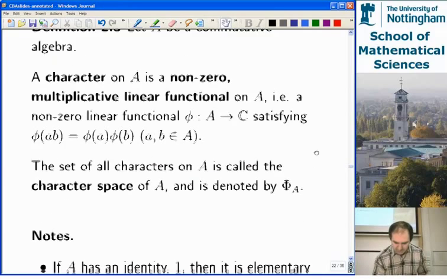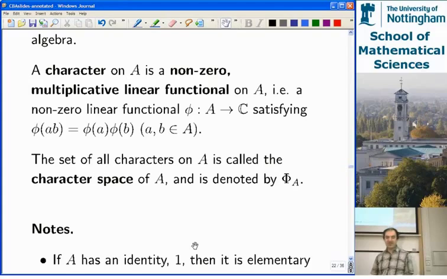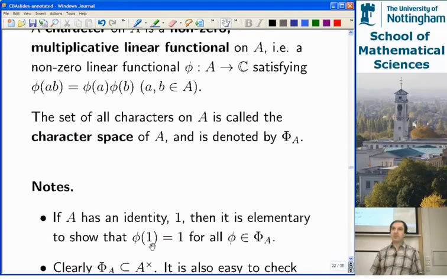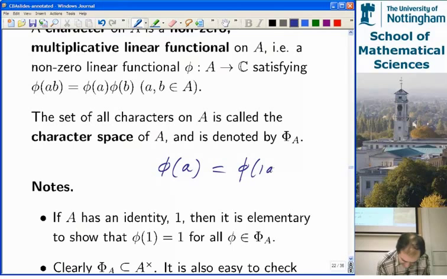And since mostly we'll be working with algebras with identity, it turns out that if you're a linear functional that's multiplicative but not the zero functional, then you can prove that phi of 1 must be 1. I won't do the whole thing here, but let me point out that phi of a is equal to phi of 1 times a, which is equal to phi of 1 times phi of a.